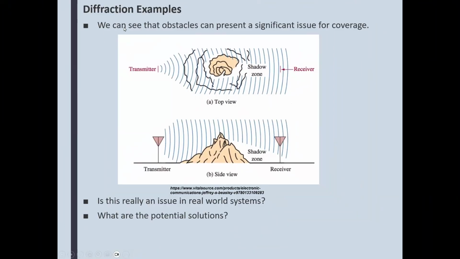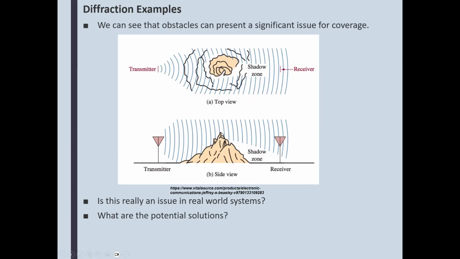Diffraction examples. We can see that the obstacles can present a significant issue for the coverage. So here's a transmitter, and here's a mountain. Here's bird's eye view, and here's, I think they should call it, the horse's eye view. So the mountain can cover.